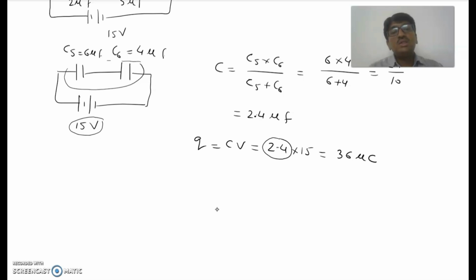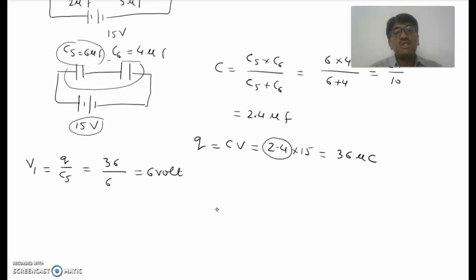The total charge is 36 microcoulomb, so the charge on C5 is 36 microcoulomb, and on C6 again 36 microcoulomb. The potential difference across C5, suppose this is V1, is Q upon C5, where Q is 36 and C5 is 6, so this is 6 volt.